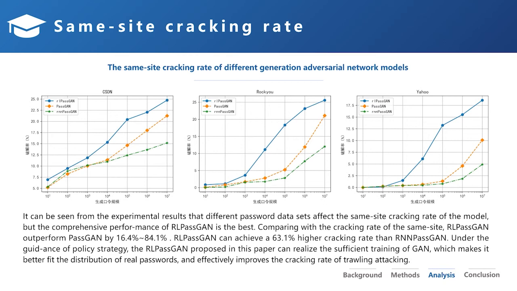RLPassGAN can achieve a 63.1% higher cracking rate than the other baseline. Under the guidance of the policy gradient, the RLPassGAN in this paper can realize the sufficient training of GAN, which makes it better fit the distribution of real passwords and effectively improves the cracking rate of training attacking.